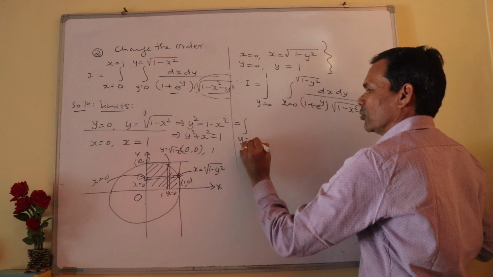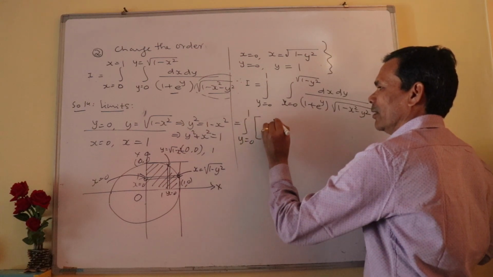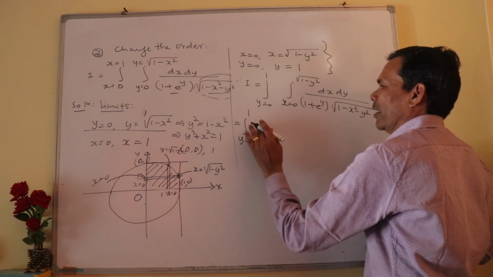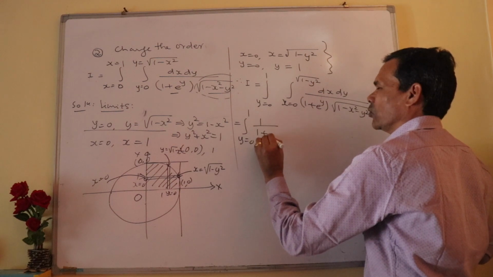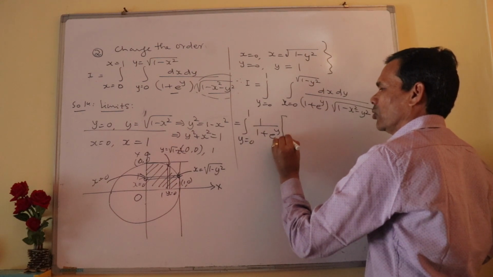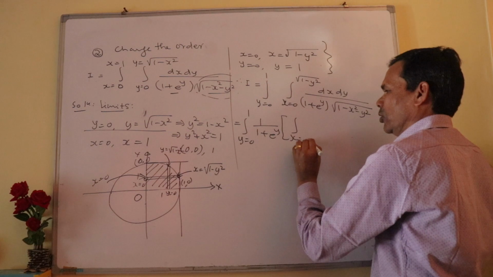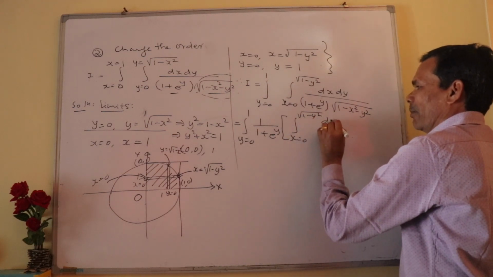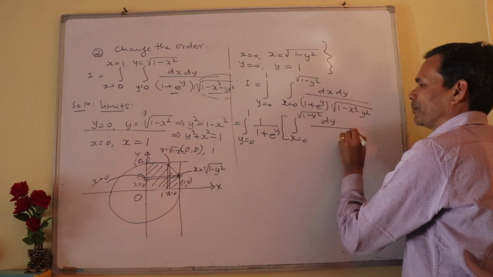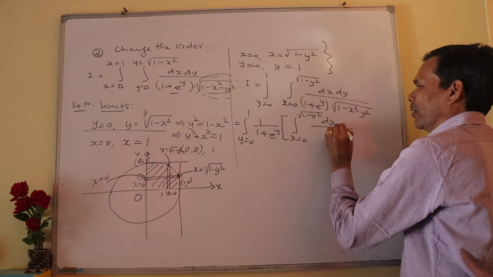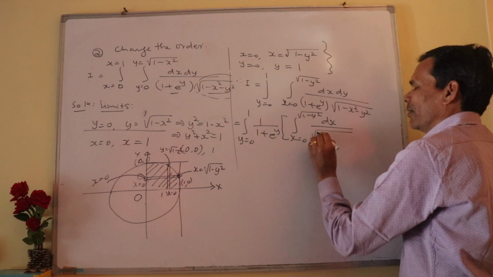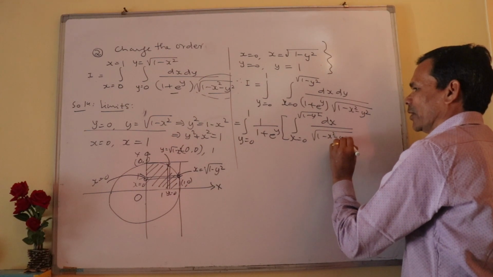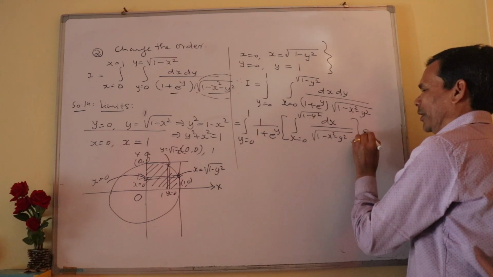So y is equal to 0 to 1, and I just take 1 upon 1 plus e raised to y, it is constant. So x is equal to 0 to root of 1 minus y square, dx upon root of 1 minus x square minus y square into dy.